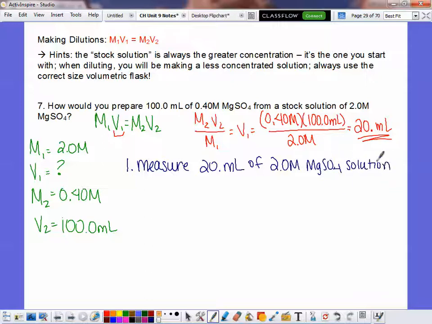You can use a graduated cylinder to do that measurement. You can use a pipette if it's a specific size pipette. A pipette is going to be more precise, but a graduated cylinder is good enough. When I make solutions for your use in labs, and even AP, I mainly just use graduated cylinders, okay?